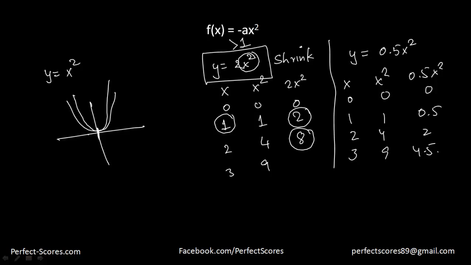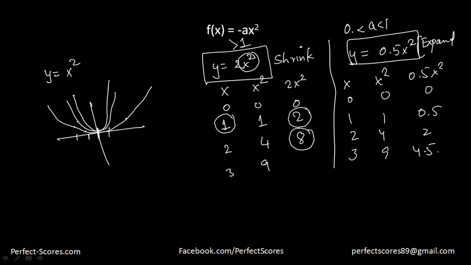That means my graph is going to become wider, or the graph is going to expand in this case. Which means if I multiply the coefficient of x² by a number between 0 and 1, then the graph is going to expand.